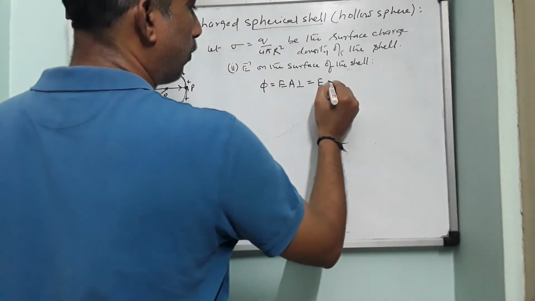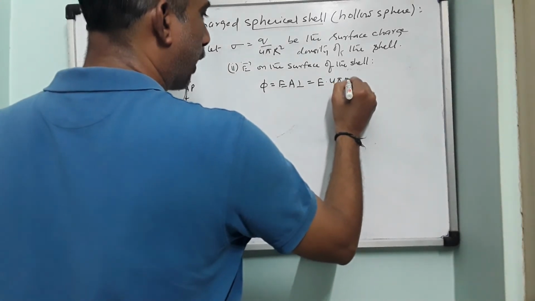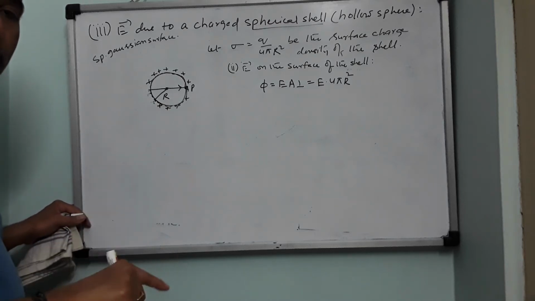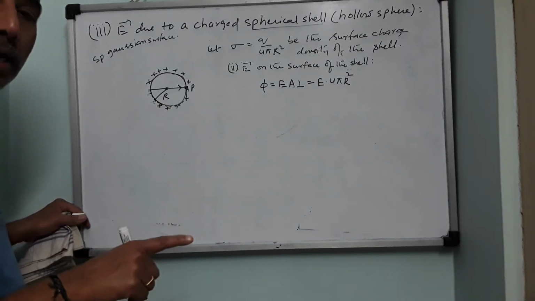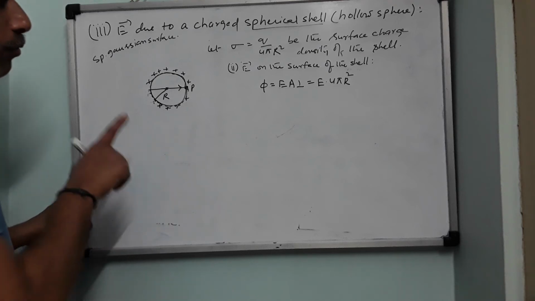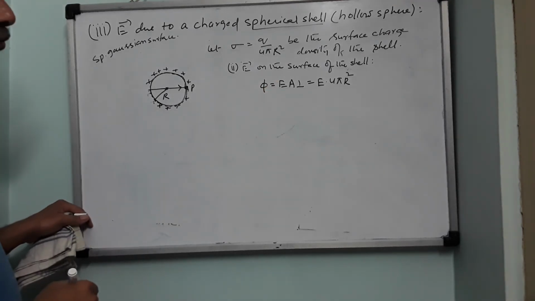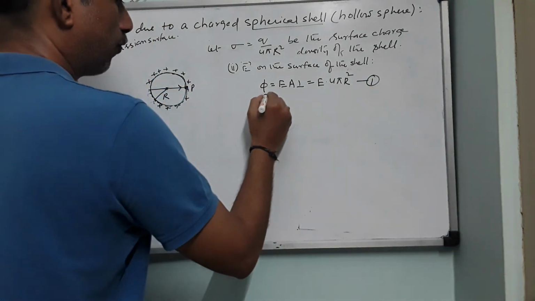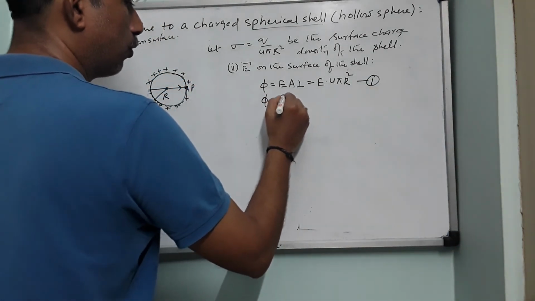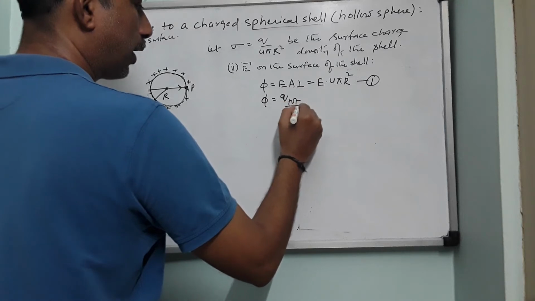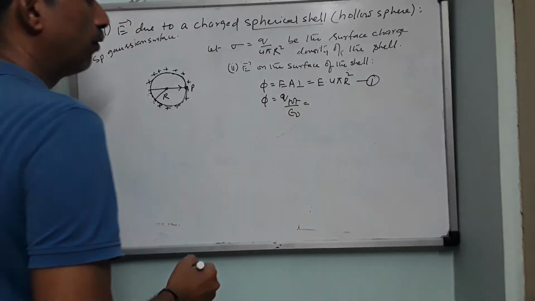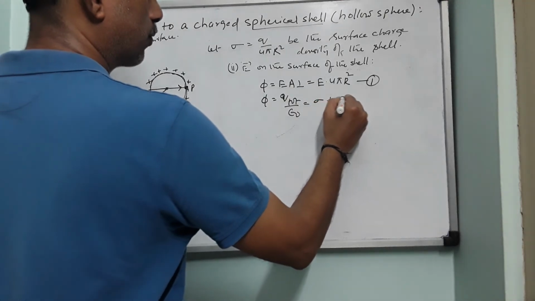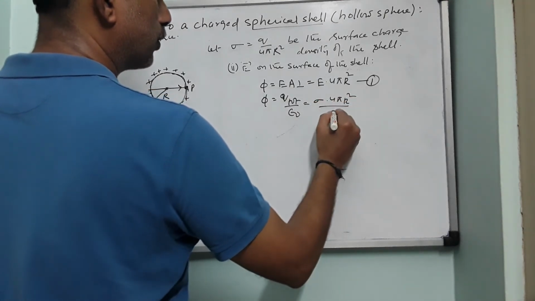This A perpendicular will become 4 pi capital R square, where small r equals capital R. The radius of the shell and the radius of the Gaussian surface are both the same. So phi equals E into 4 pi R square. This is equation 1. Now by Gauss law, phi equals Q total by epsilon 0. What is Q total? Sigma into 4 pi capital R square, by epsilon 0.